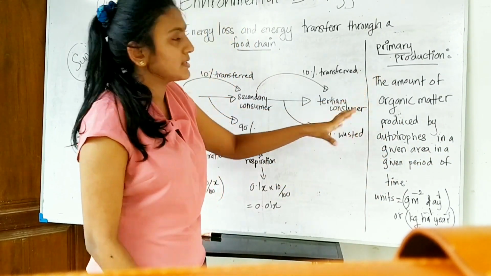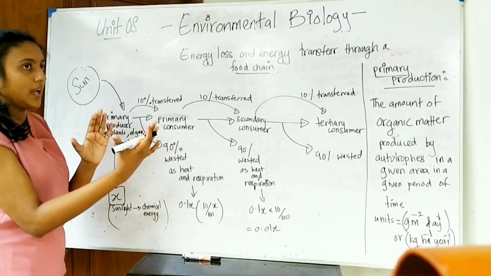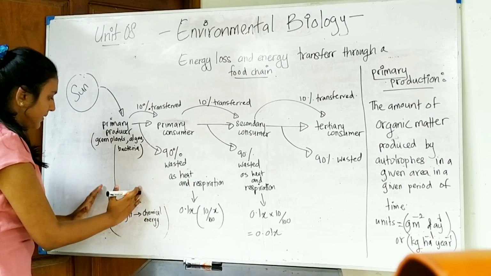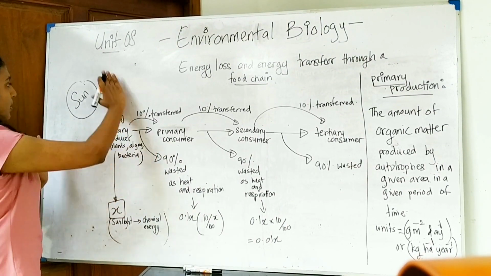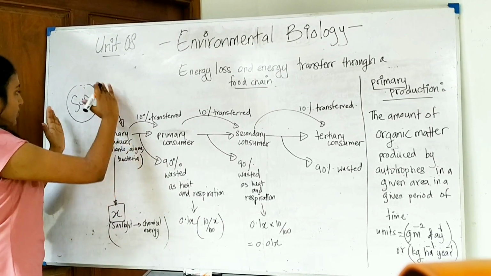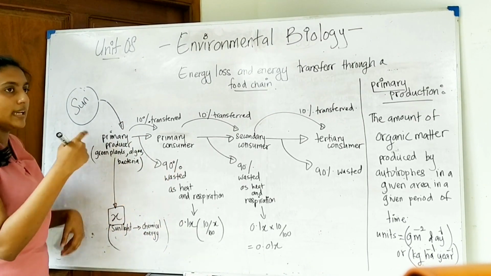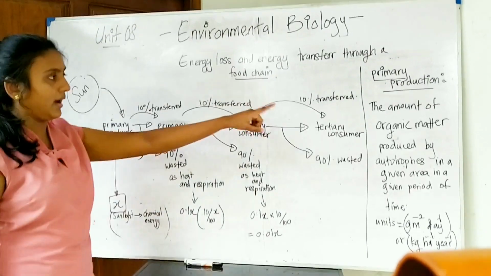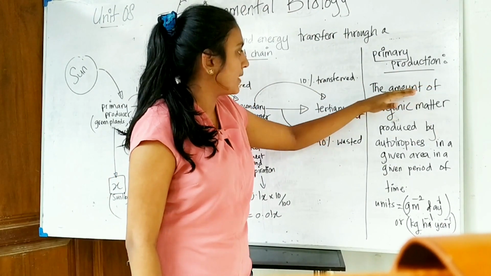Simply, this indirectly means the amount of light energy absorbed by the primary producer from the sun and fixed into chemical energy. That's the indirect meaning, because all that energy is used to produce organic matter.